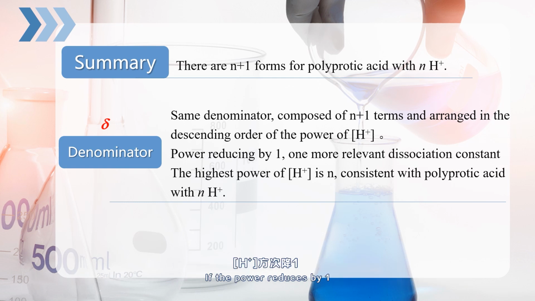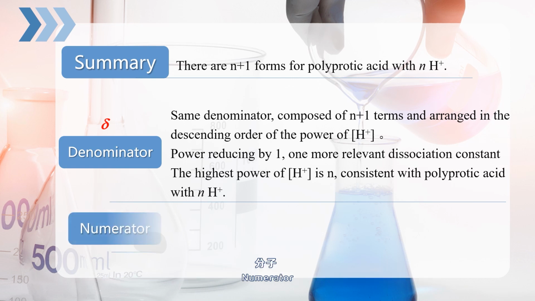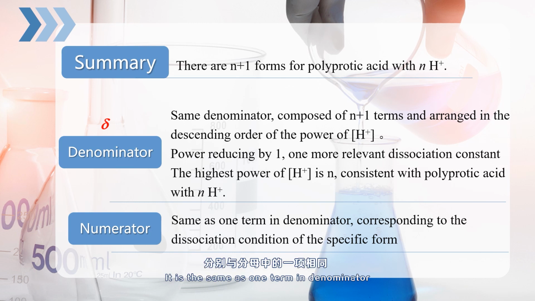If the power reduces by 1, the relevant dissociation constant will make up. The highest power of hydrogen concentration is N, which is consistent with the number of hydrogen ions contained in original acid molecule. Numerator: it is the same as one term in denominator, corresponding to the dissociation condition of the specific form.